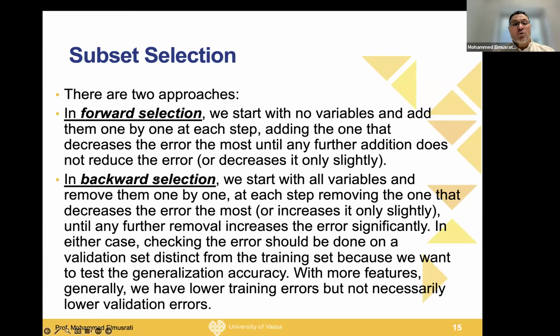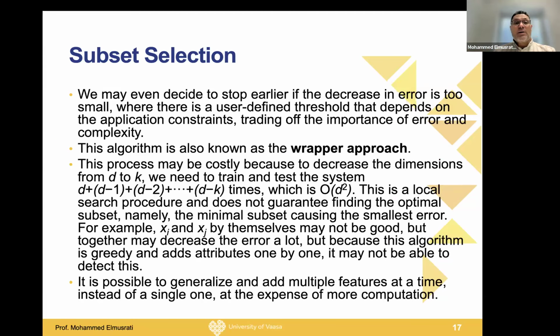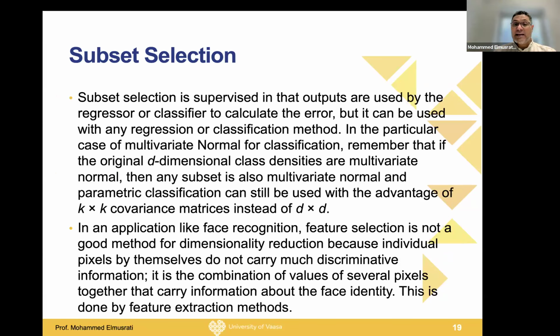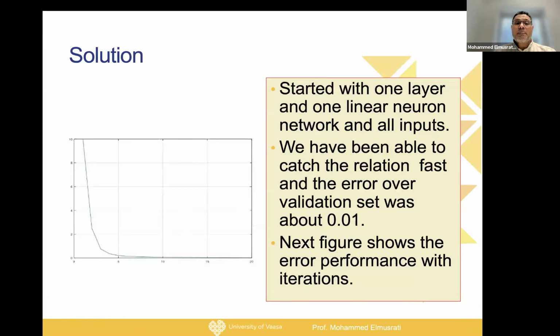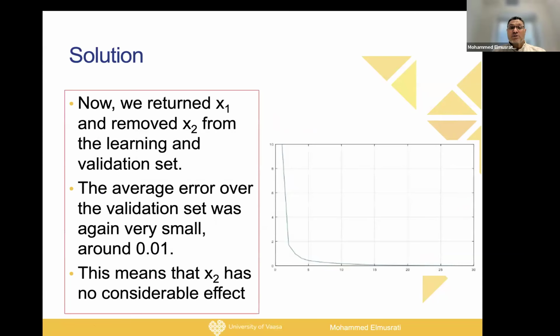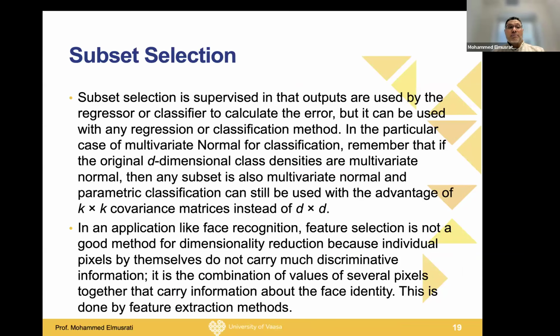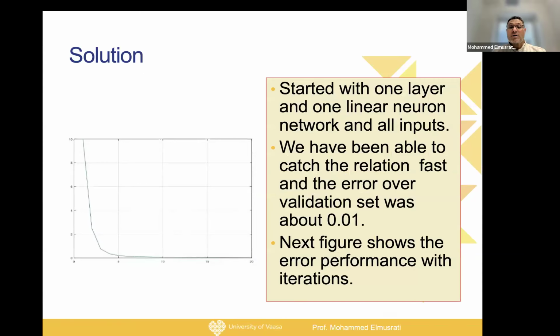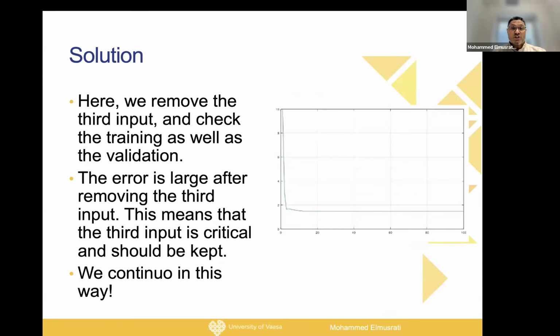The second one is backward selection. This is what my student did: you start with all the features, you know the best result that you have, then you remove one by one until you reduce your data. There is some explanation in the slides, so you can read them. I also put some examples where you can use my neural network function to find this result.